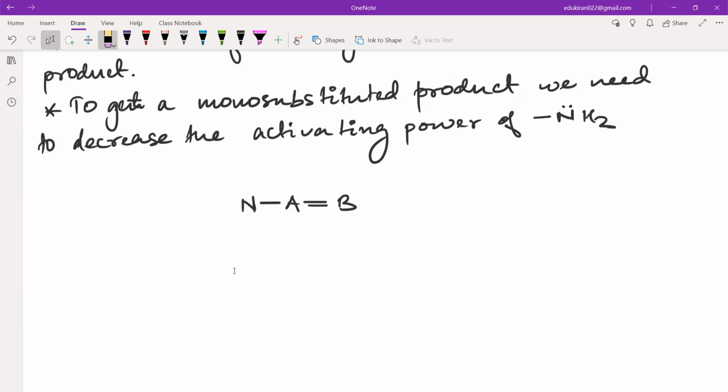What was the first reaction that we saw in the chemical properties of amines in general? Tell me, what was the first chemical property? Look at your notes and tell me.